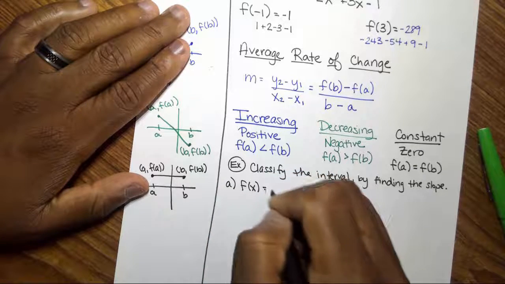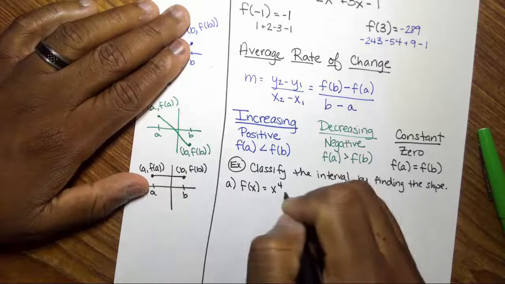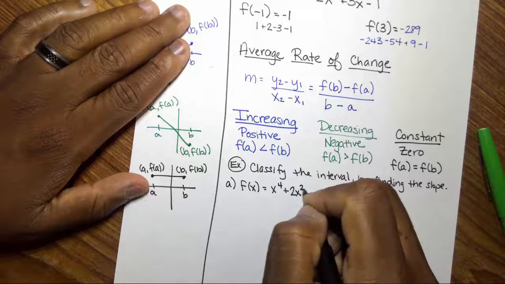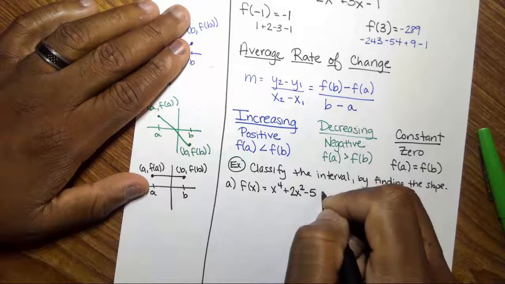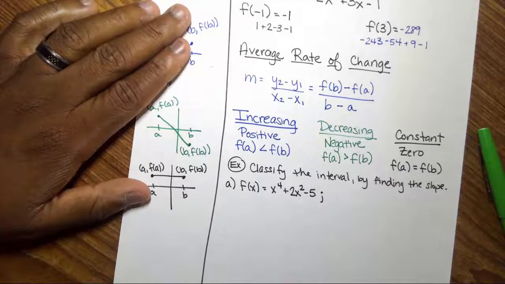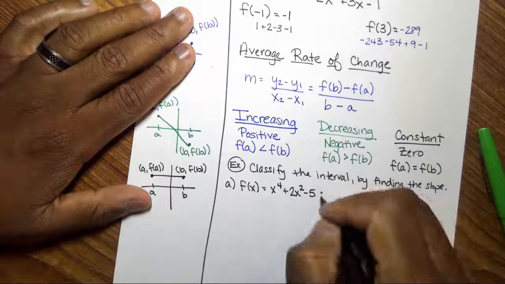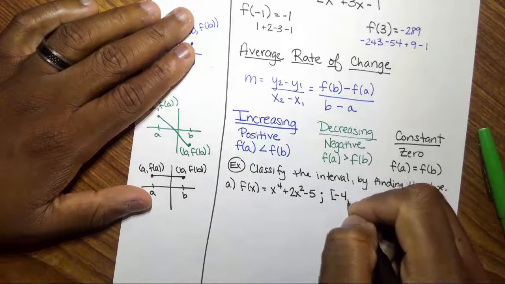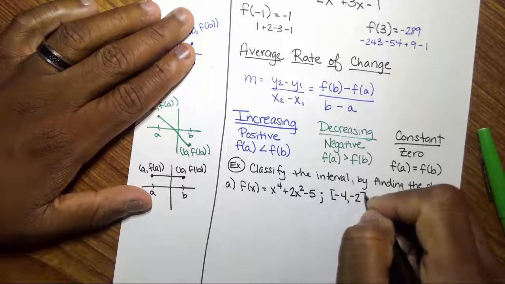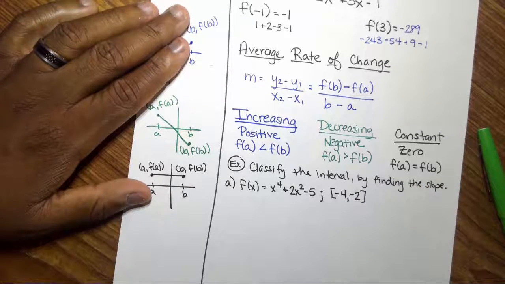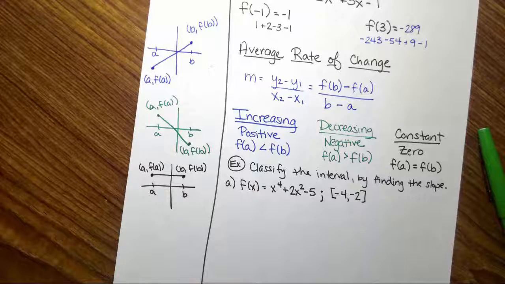F of x is equal to x to the 4 plus 2x squared minus 5. And I want to look at the interval from -4 to -2. So what I'm asking you is this: on the interval from -4 to -2 for this particular function, what is the slope like? Do you understand that?